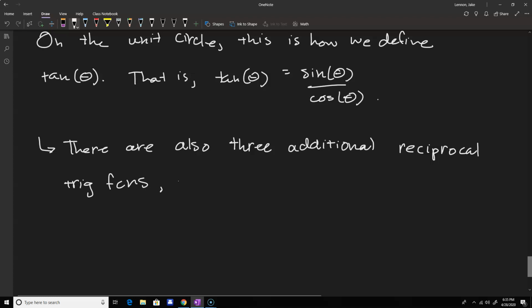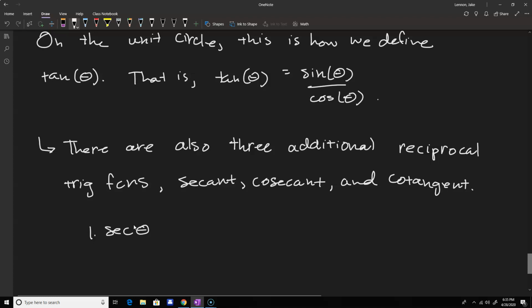So they are the secant, cosecant, and cotangent. So the secant of theta is defined to be 1 over the cosine of theta.